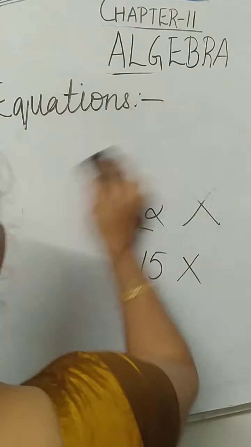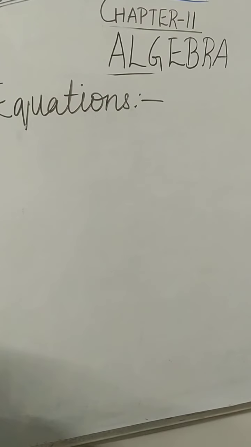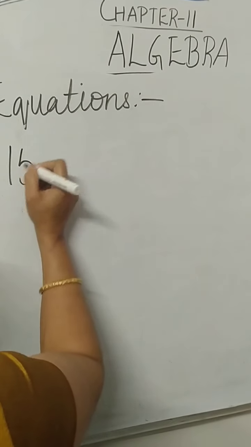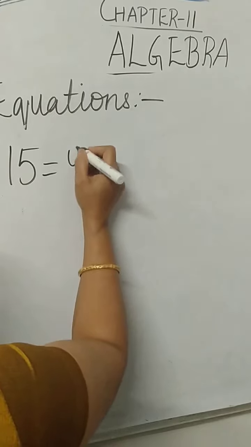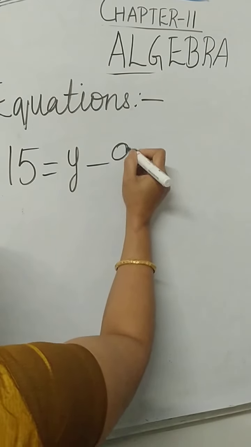I'll give you some more examples of equations. Any equation is a condition on a variable. It is satisfied only for a definite value of the variable. Okay. Look here. 15 is equal to y minus 9.